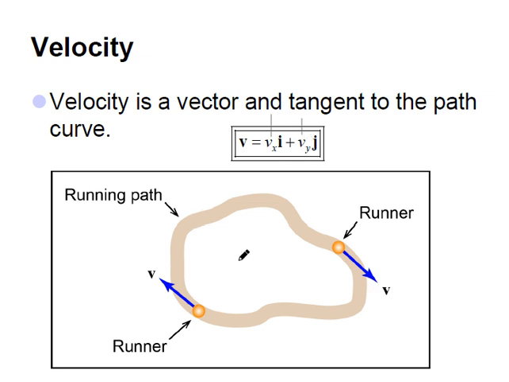Even though we use the same symbol v, of course the velocity of this runner could be different from that runner, because your v on the x is different. Your direction is also different, going this way. See, the direction of this runner is that way. So when you put it all together and calculate it, they may have the same velocity or they may have a different velocity.